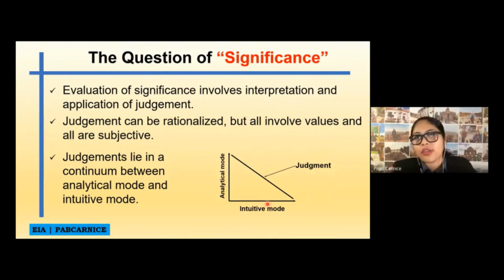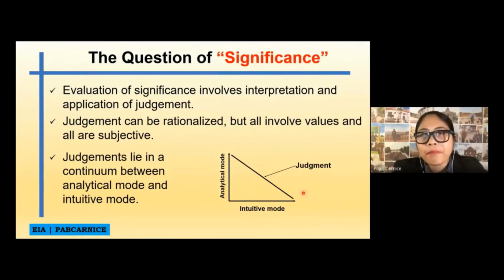As you can see in this graph on the left side of the slide, on the vertical line, we have the analytical method. On the horizontal line, we have the intuitive mode.